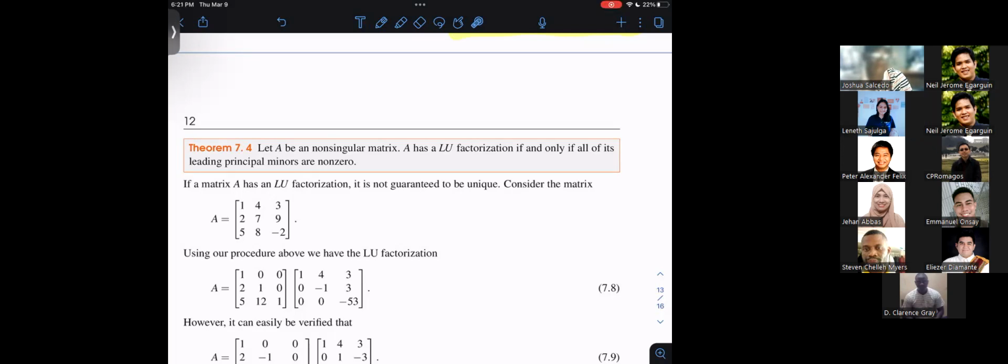So you're right. What we can just do is use a program or software for the LU factorization in any way. If it's not LU factorizable, then there would be an error. There would be a division by zero that will occur if you ask a computer to do the LU factorization. So you can spot it right away.